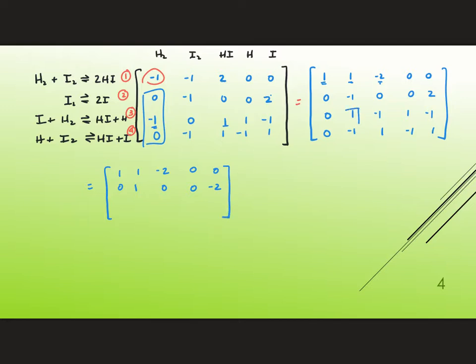And now I need to put zeros in the positions down here. So to do this first one, I'm going to take the old row 2 and add it to the old row 3. So 0, 0, negative 1, 1, 1.